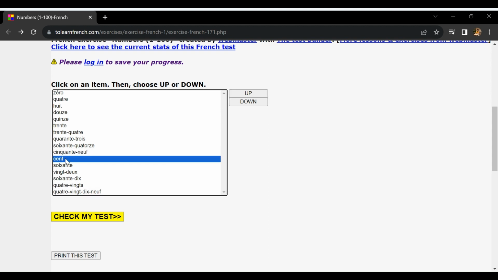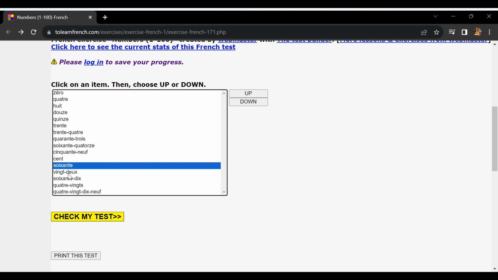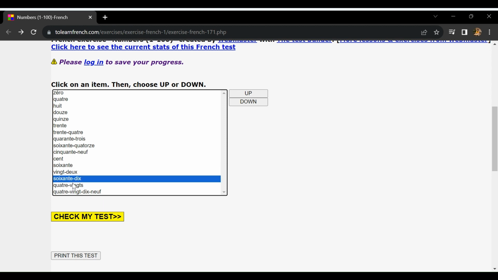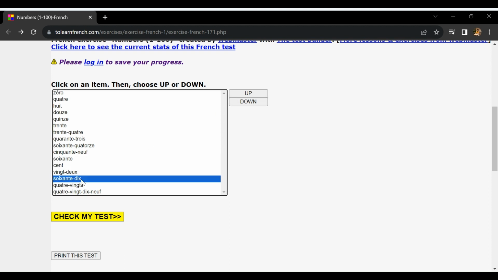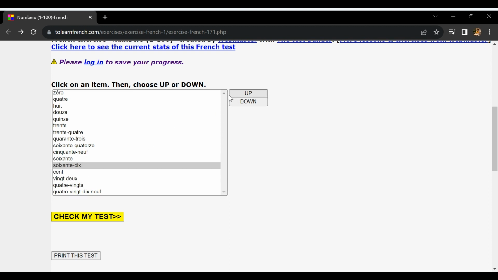And then we can see soixante. Okay, let's put it up. I believe soixante will be there. Then soixante-dix means 70. Don't worry about it, I will go ahead and tell you all the numbers again.